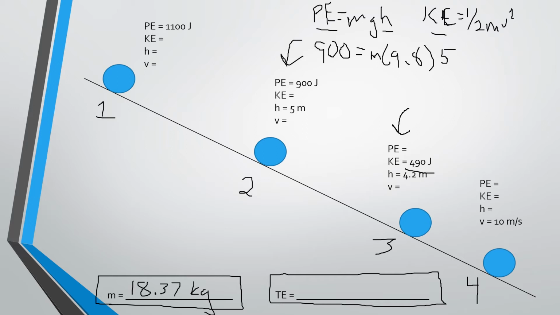It's got a KE and it's got a height. So I can use the height to get a PE. This is going to be problem solving puzzles. You are going to look around and you are going to solve for what you can given what you have.